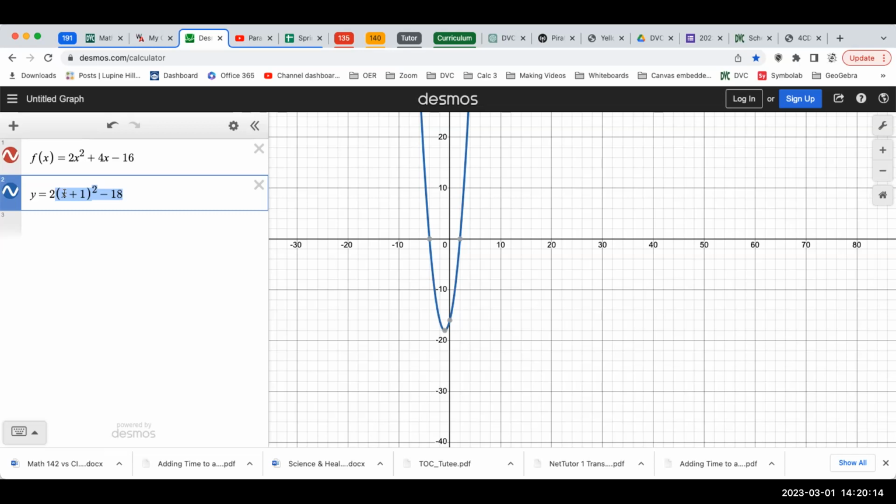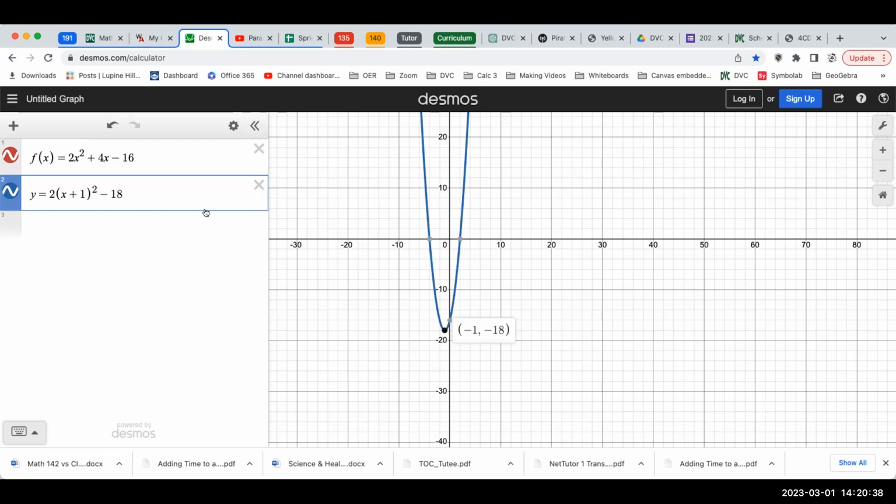But it depends. You guys see how this parabola is facing up? So at the vertex, let's say I asked you guys for the range. What's the range of this function? What's the smallest y value? -18, right? And then it goes up to infinity, right?